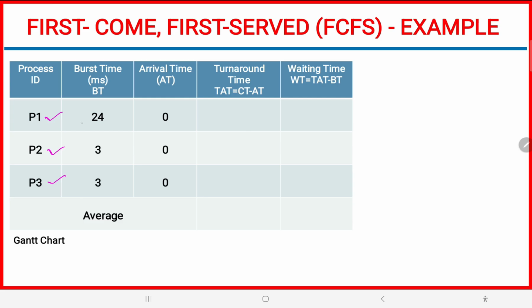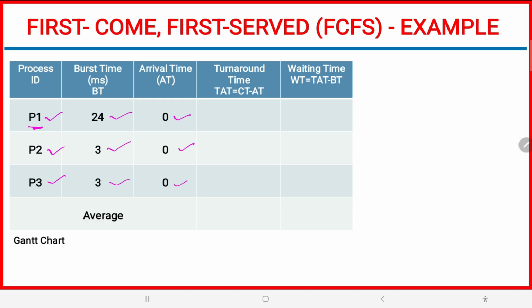P1 needs the CPU for 24 milliseconds, P2 needs the CPU for 3 milliseconds, and P3 again needs the CPU for 3 milliseconds. We are assuming that these processes have arrived at the same time, so their arrival times are 0, 0 and 0. Now the question arises, who will get access to the CPU in such a scenario? In that case, the order in which the processes are in the table will be followed.